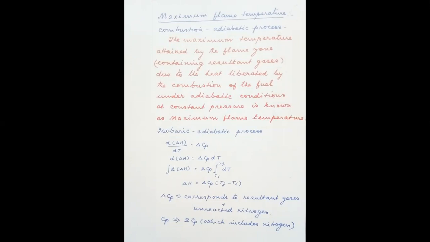So the ΔCp is not only confined to the gaseous molecules produced by burning of the fuels, it also includes the unreacted nitrogen in the atmospheric air. So the Cp is supposed to be sigma Cp, which includes the heat capacity at constant pressure of all the gaseous products obtained by burning the fuel plus the atmospheric nitrogen.